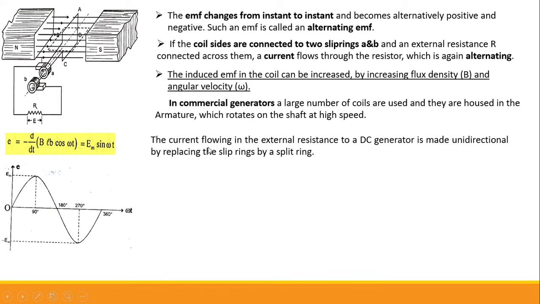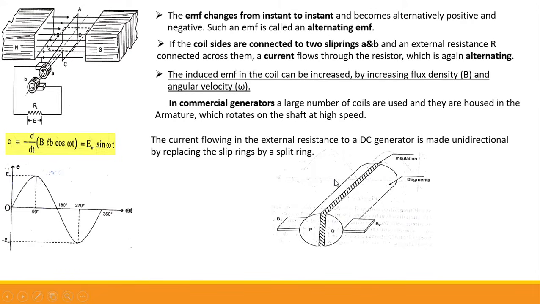The current flowing in the external resistance of a DC generator is made unidirectional by replacing a slip ring by a split ring. In commercial generators, slip rings are replaced by split rings.